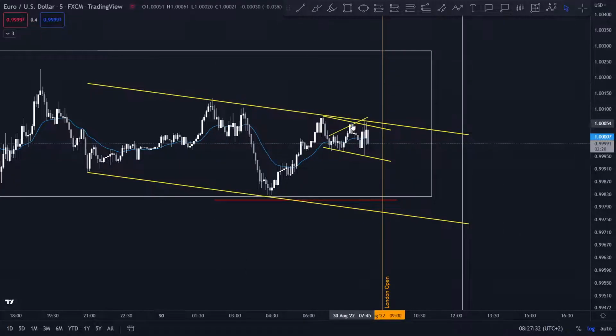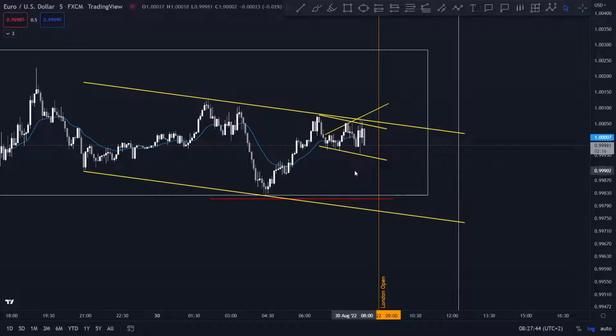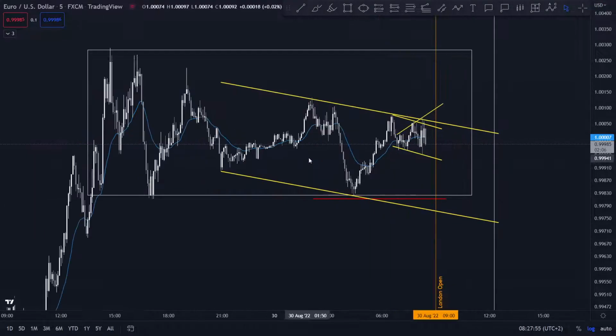Bounce up, bounce down, bounce up, bounce down, bounce up, bounce down. That could result in a bounce up, hopefully. This is so damn tight. Very tight range.